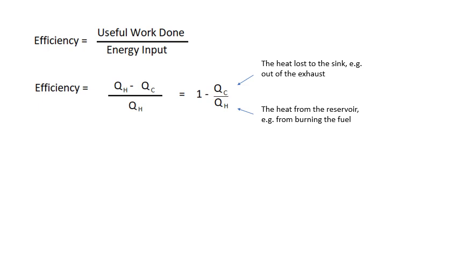QC is the energy that we lose to the sink. QH is the energy that we get from the reservoir. And we can convert this to Kelvin, because in Kelvin, Q and Kelvin temperature T are proportional.